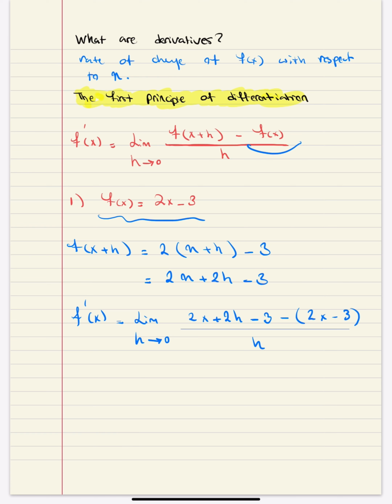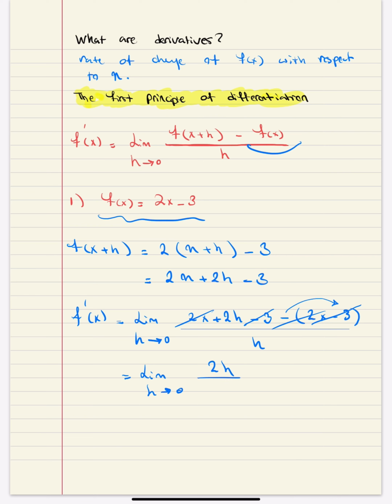Now, if we look closely, you could see that we have a minus 2x and a plus 2x, which could cancel out with one another. And then if we multiply this negative with our negative 3, it would result in positive 3, and the negative 3 over here and the positive 3 on this side would cancel out, leaving us with 2h over h. So I'm going to write this for the sake of not making it too difficult to understand.